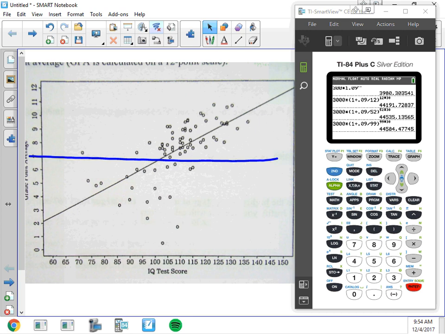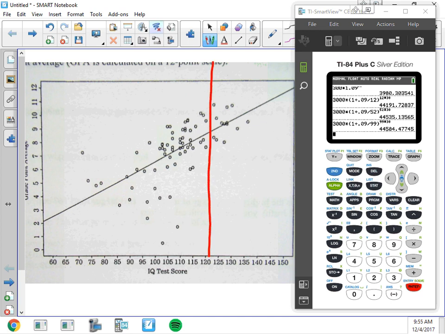Okay, number 3. For students who have an IQ between 123 and 127, what is the average GPA? So I'm going to draw a vertical line at 123 and at 127. So that is just going to have those people.